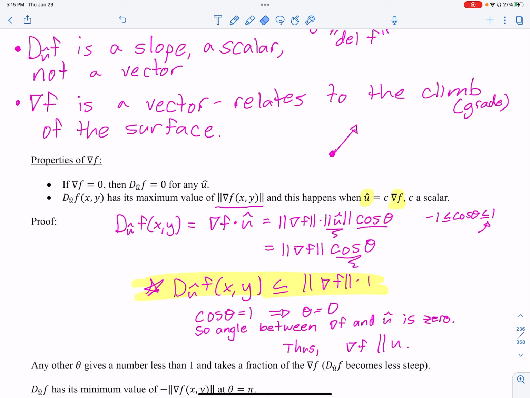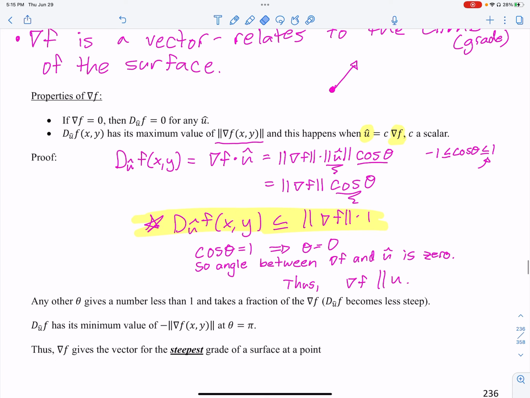The increase from whatever point you're at, the biggest increase will be that. Now, if I want the direction that is happening, the gradient of f is a vector that tells me what direction to go. So this gradient of f would be like in the xy plane, but it says, hey, if you go this direction, you're going to go up the steepest hill you can from that. It's the quickest way up.